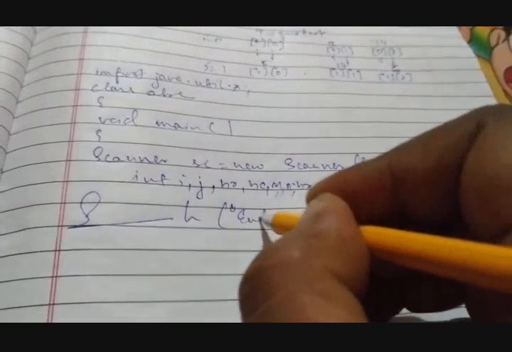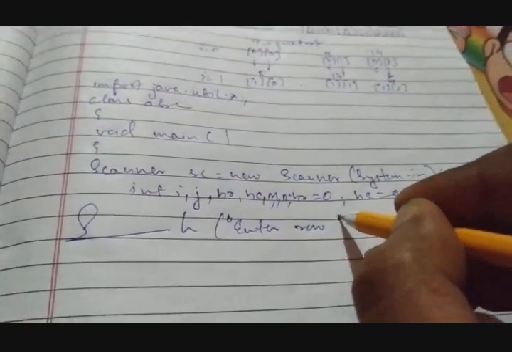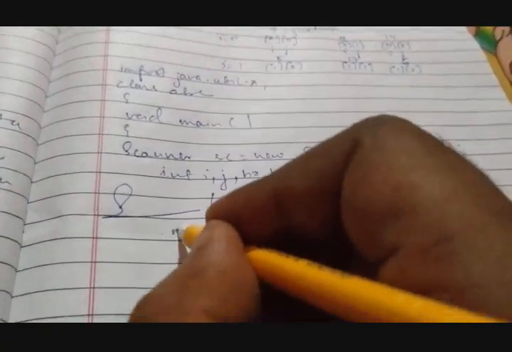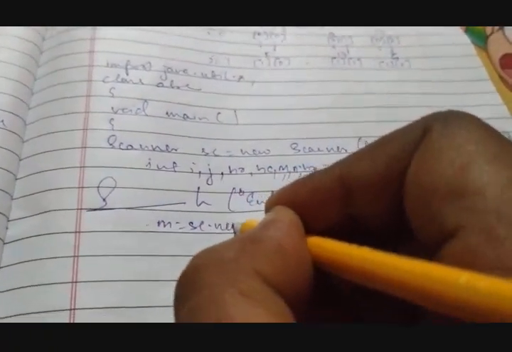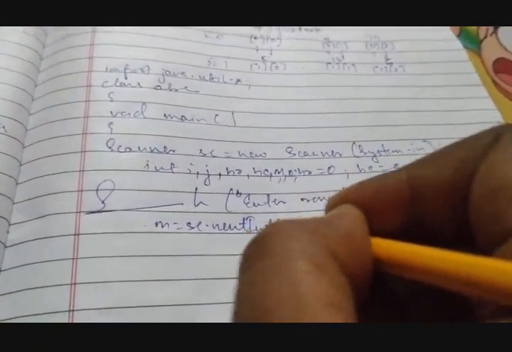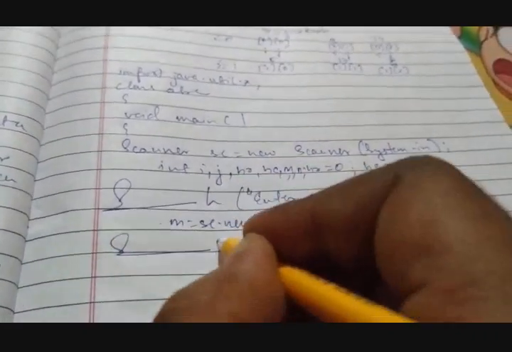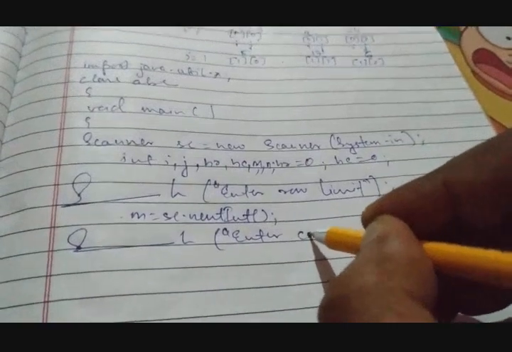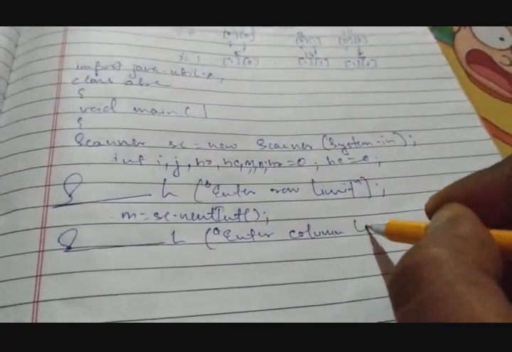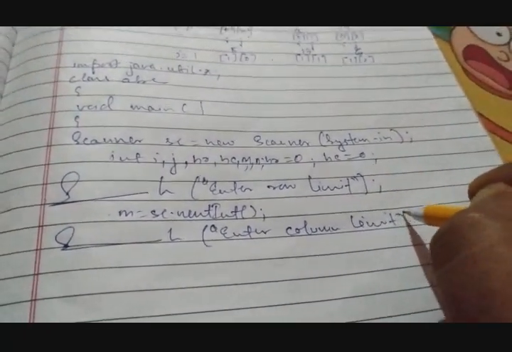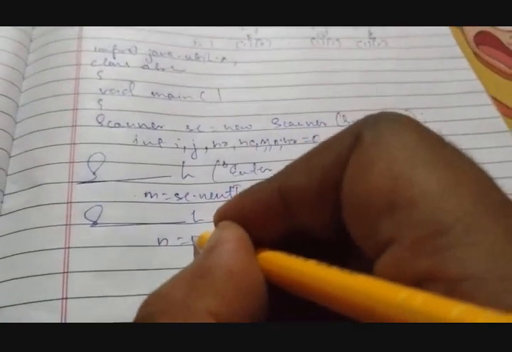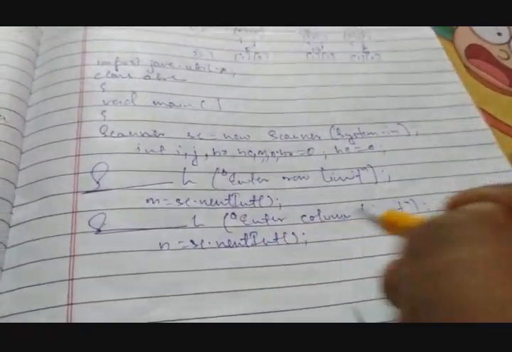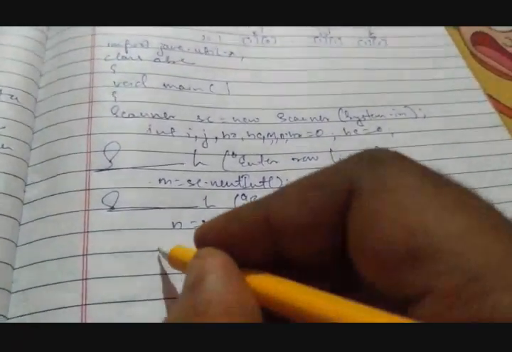Enter row limit: m equals sc.nextInt(). Enter column limit, n equals sc.nextInt(). Create an array.